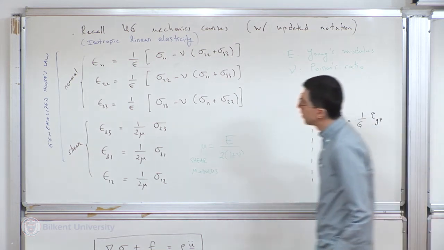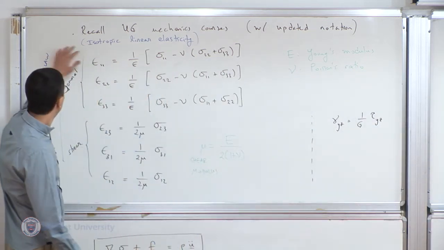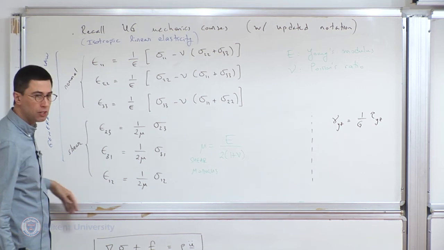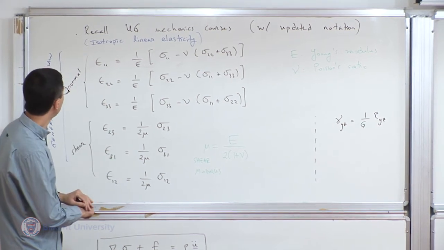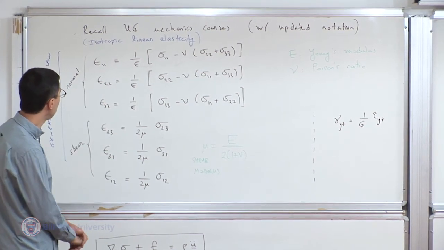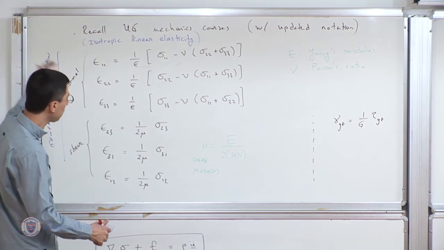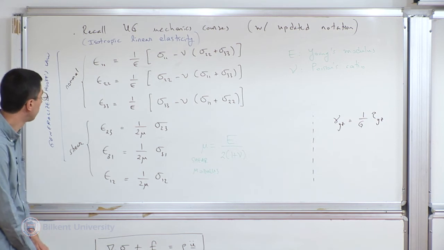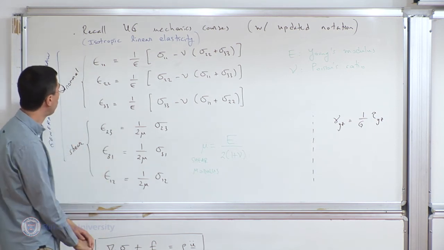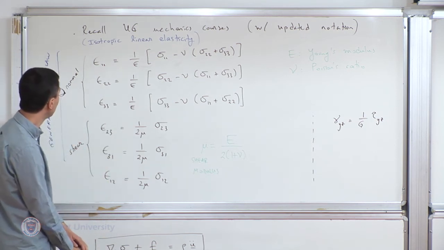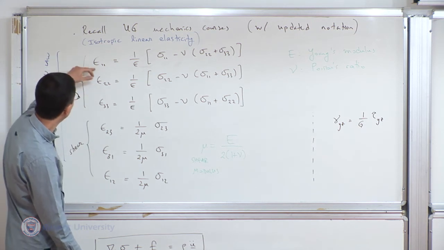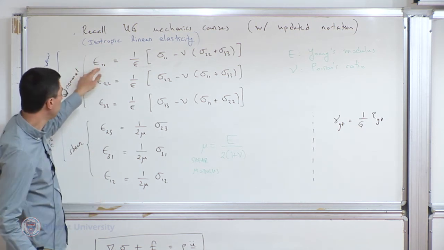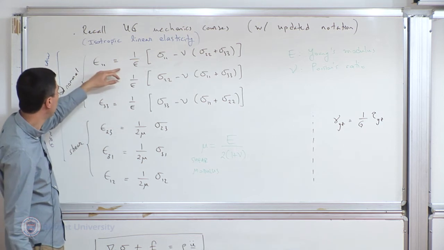Okay, so we had what we call the generalized Hooke's law, which is nothing but the equations for isotropic linear elasticity. We generalized it in our undergraduate course, even towards anisotropy. But these are what we have for the isotropic setting. So for any component of the normal strain, recall that the way to remember the equations is always as follows.